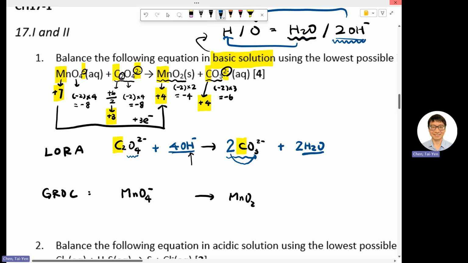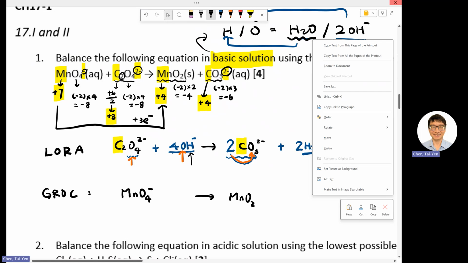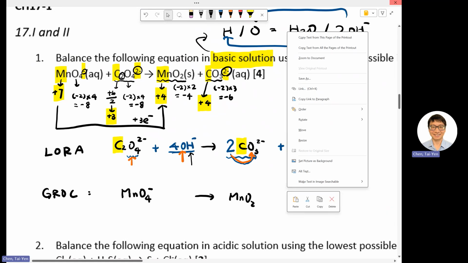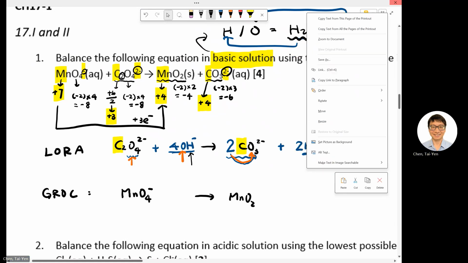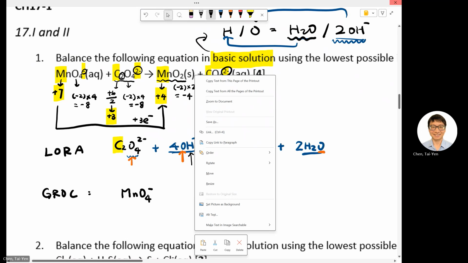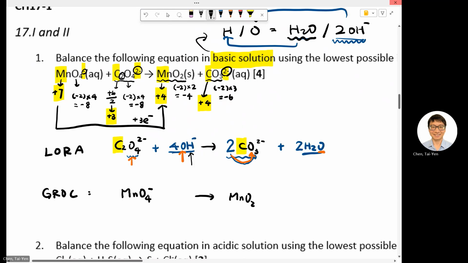On the left-hand side, you're going to have 4 oxygens plus 4 oxygens, therefore totally 8 oxygens on the left. On the right-hand side, you have 6 oxygens plus 2 oxygens. Therefore, you also have 8 oxygens on the product side.